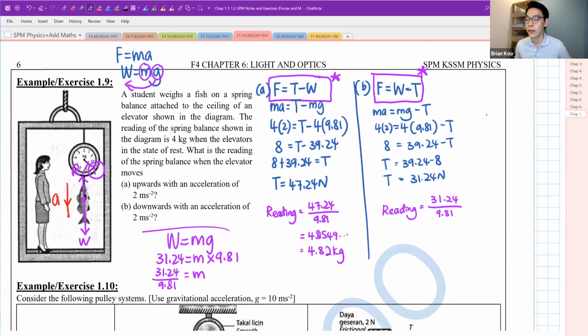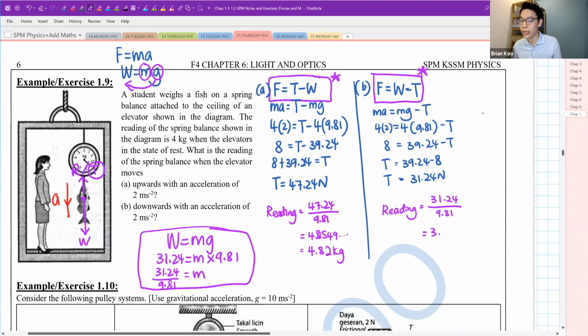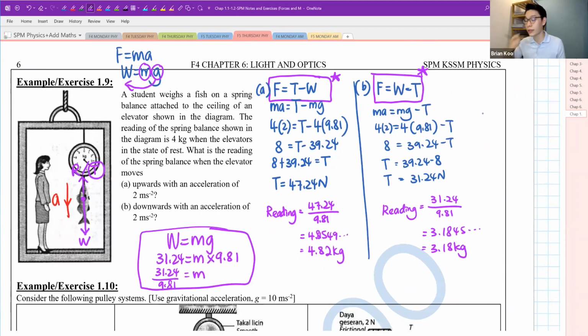W equals to mg helps you to convert from weight to mass, or mass to weight, remember? You'll get this very long value, but I think 3.18 kg is good enough.